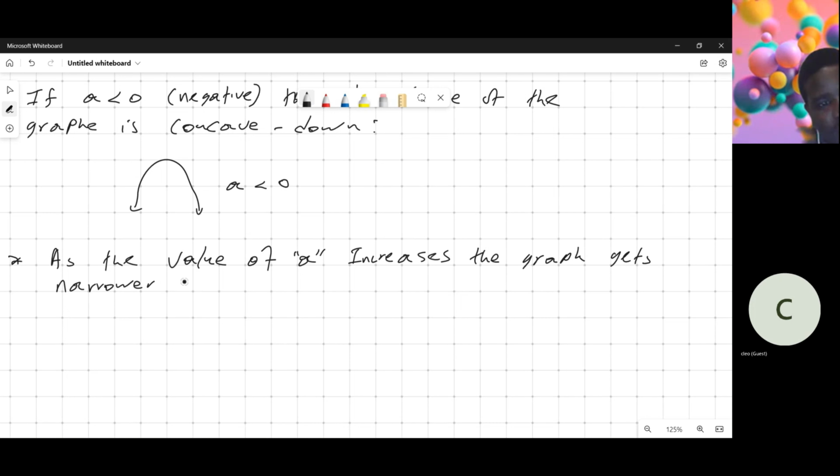Then the vice versa will be the case, meaning that as the value of a decreases, the graph will get broader.